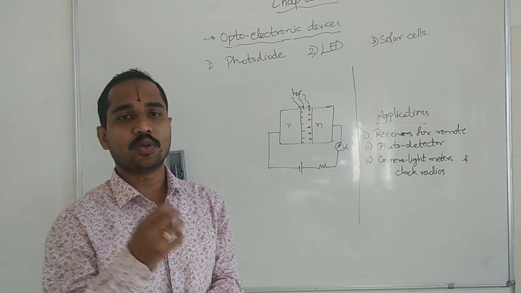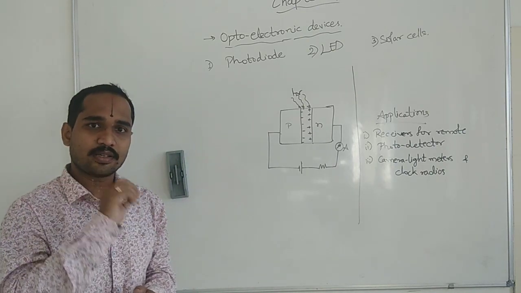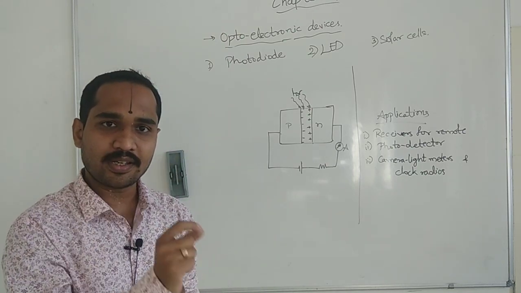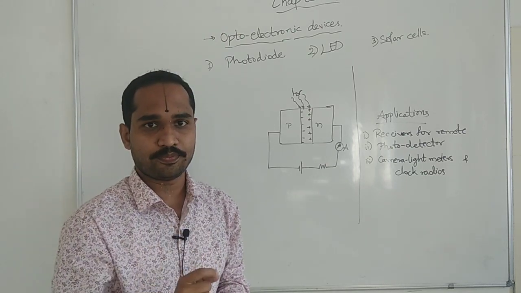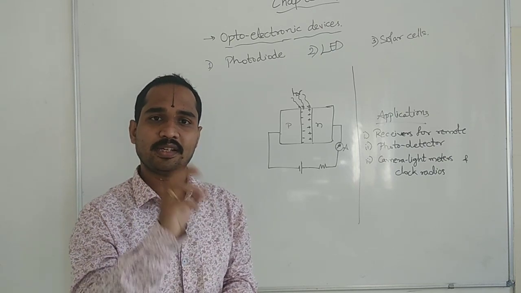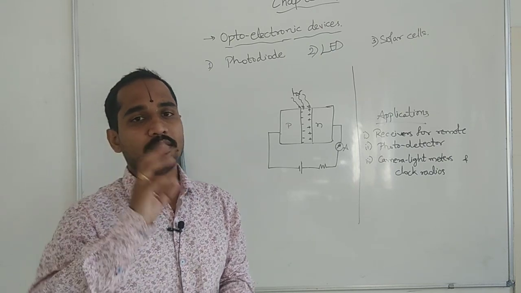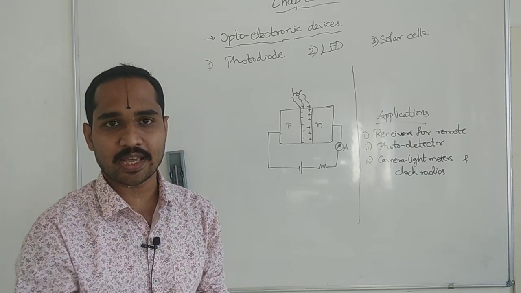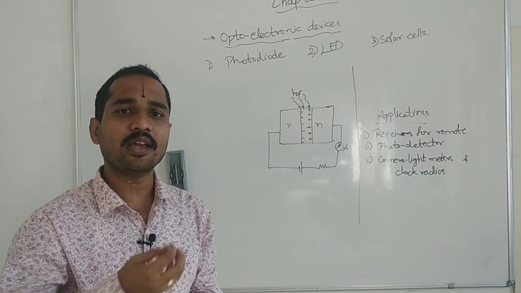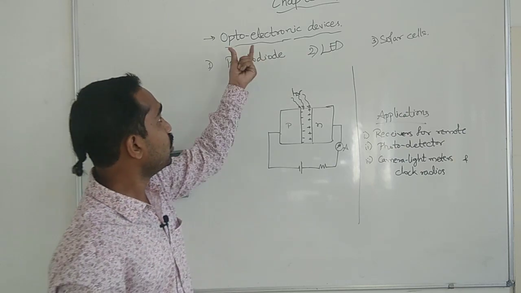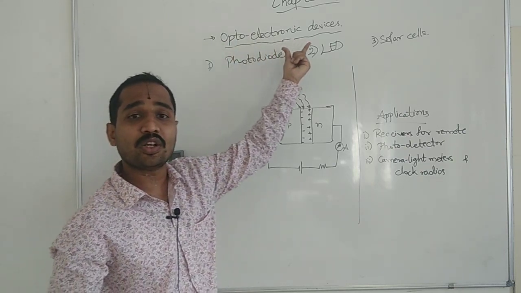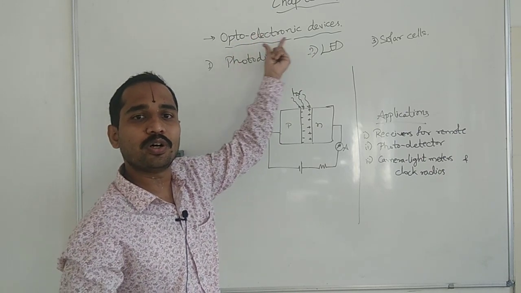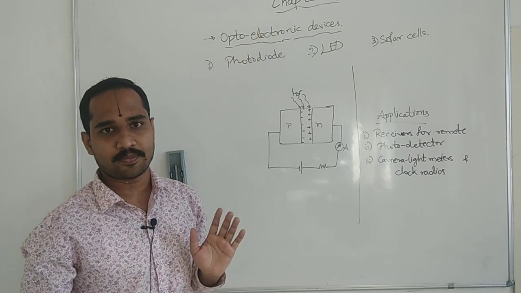So when these photons are incident on a diode, there is generation of many charge carriers, or in a sense electrons. So due to light, the electrons are being generated. Those devices are known as optoelectronic devices.